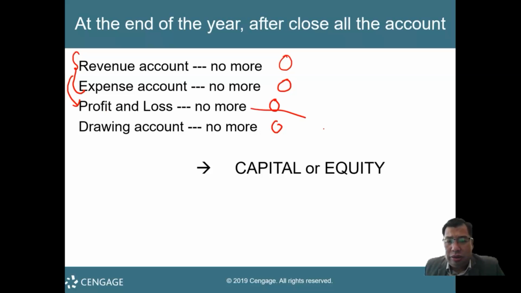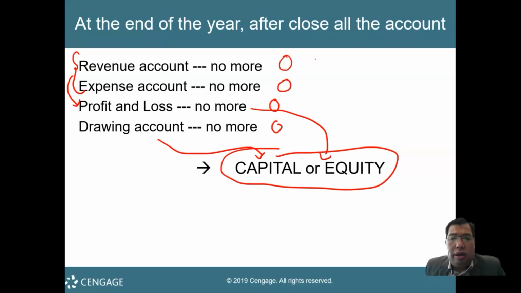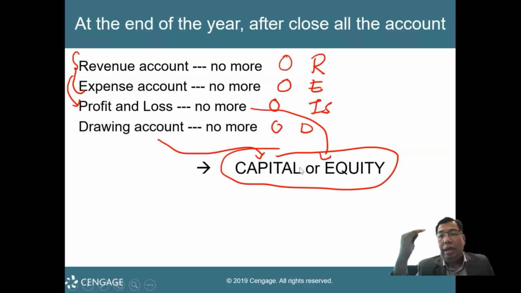Your profit and loss you transfer to the capital, and drawing account goes to your capital. So at the end of the day, all these four accounts, revenue, expenses, income summary, and drawing will end up in your capital. So that is why your capital will increase.